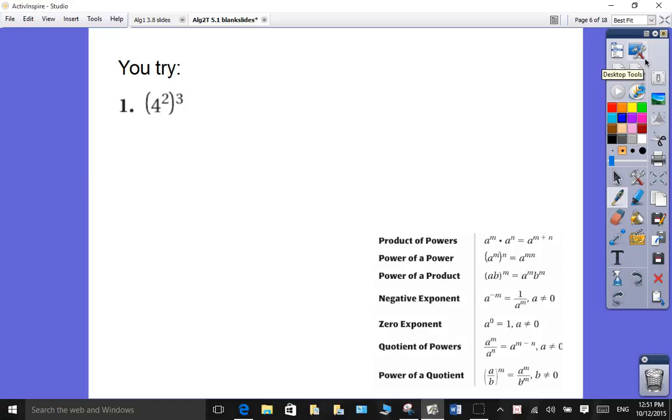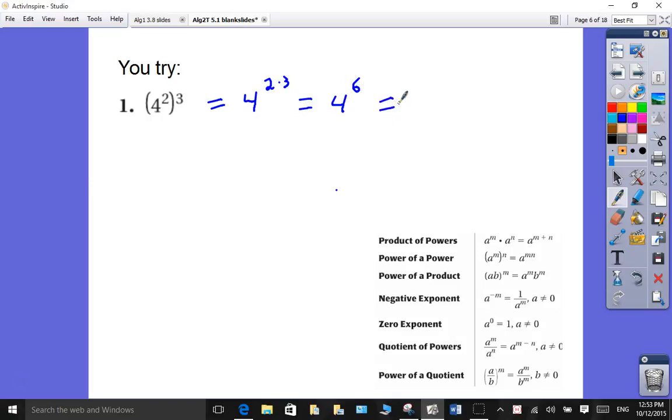So try this one. Include doing the math, because what else do we have to do? Which property did we use? The power of a power. We're raising a power to a power, which means multiply. That is 4 to the 2 times 3, which is 4 to the 6th.